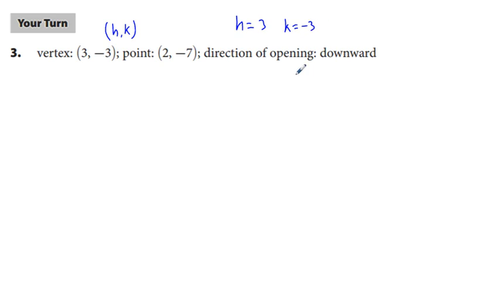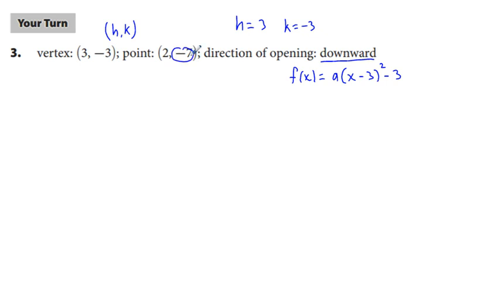And so in vertex form, that's going to be f of x equals a, which we do not know yet, except we know that a is going to be negative, times quantity x minus h, which is x minus 3 squared, minus 3. Now we can substitute in the point (2, -7).